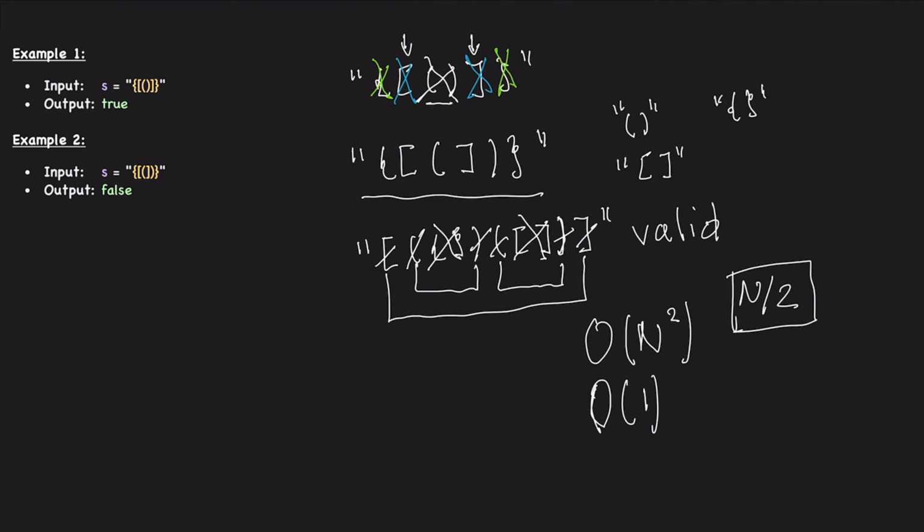So there will be at most n divided by 2 searches, and for each search we have to do a removal, which is also O of n. So we do n divided by 2 times n, and we ignore constants. That's how we end up with the quadratic time complexity. And that's pretty much the brute force solution.